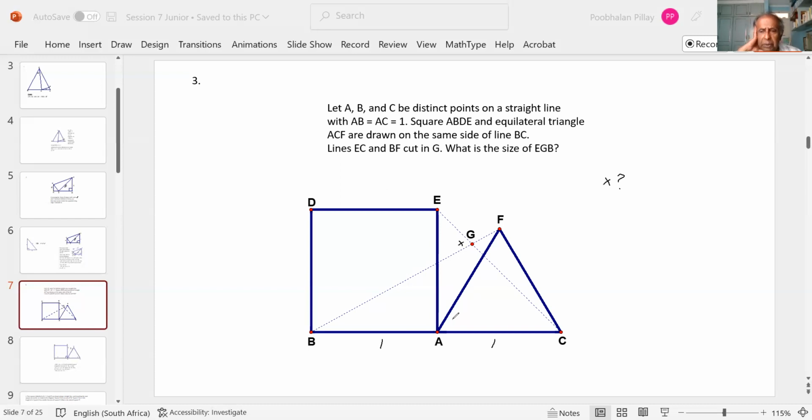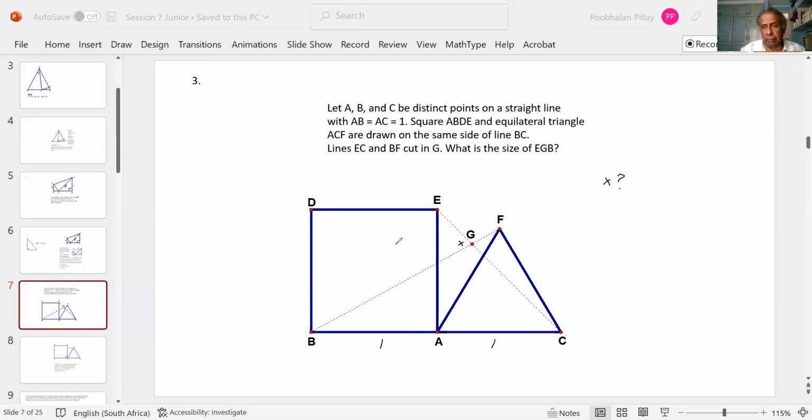Somehow you have to use that the sides are all equal, and you also have to use the fact that this is a square and this is an equilateral triangle. Now it turns out that we have to do what we call a construction here.